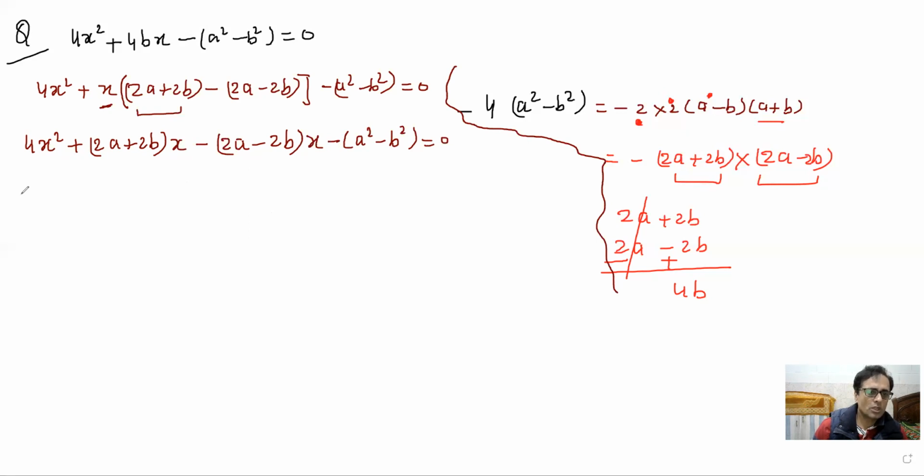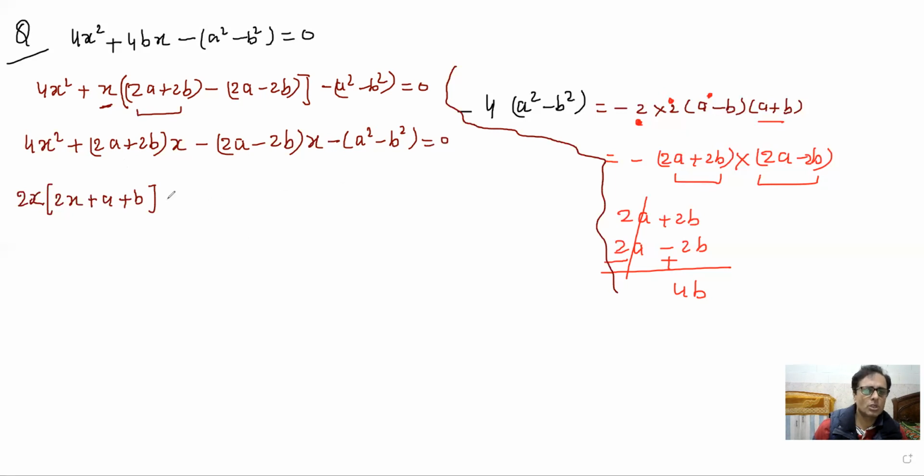You can see that from these two, the 2 is common, 2 is everywhere, and x is common, so it can be written with 2x as common. After taking common in a bracket, you see 2x plus a plus b, because 2 you have taken common, and x already taken, so that bracket closes. Now you can write a square minus b square as a minus b into a plus b.